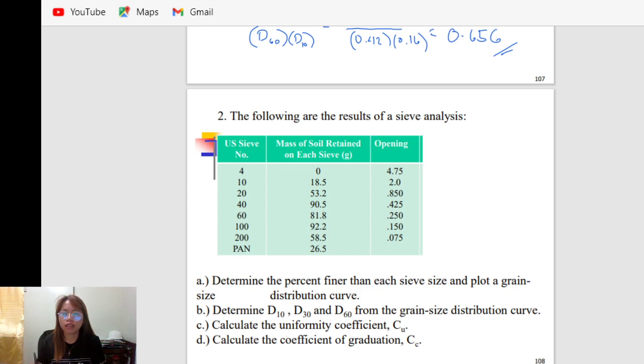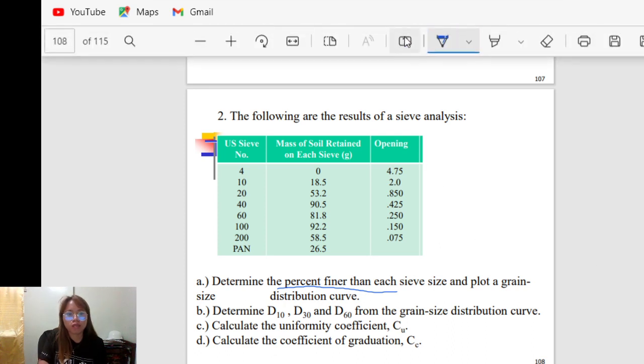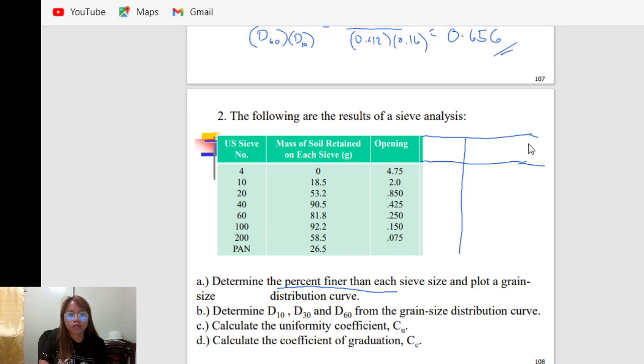Then determine D10, D30, D60 from the curve, calculate the uniformity coefficient, and calculate the coefficient of gradation. For letter A, we are asked to determine the percent finer. To answer this, we have to add a column for the cumulative.